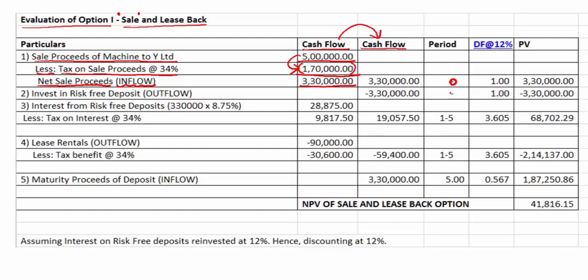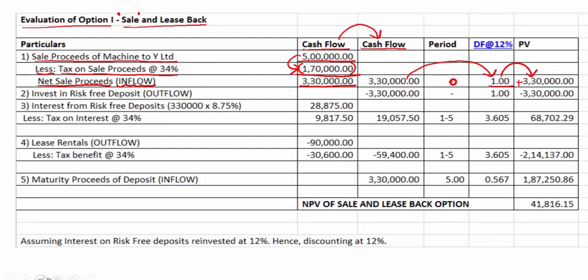So at time 0, I have to find the present value. Whatever be the discount rate at time 0, the discount factor will be 1. So this cash flow multiplied by discount factor will give me the PV, and it is 330,000, right? And it's an inflow. Note it is with a plus sign, or without a sign means it is positive.